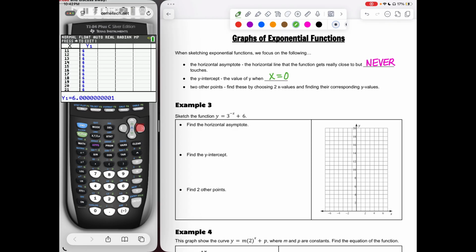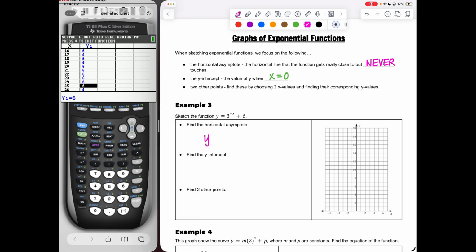However, if you highlight it, you will see that it is really, really close to 6, and the decimals keep going. Then finally it'll just level out. It's not that it's equal to 6, it's that the calculator doesn't have enough space to keep repeating numbers. Okay? So we know that our horizontal asymptote is 6.